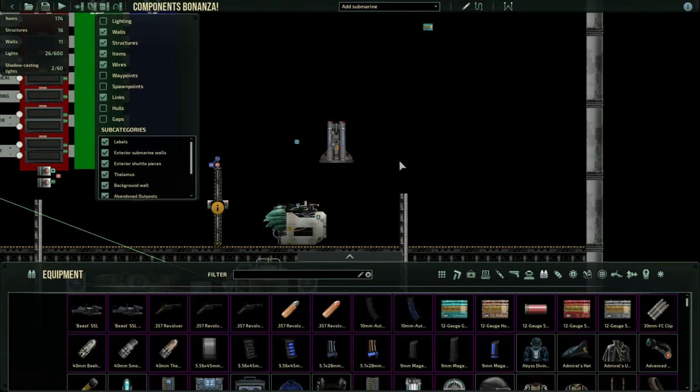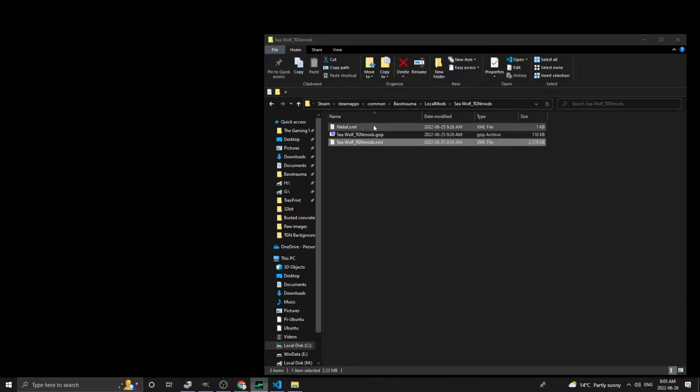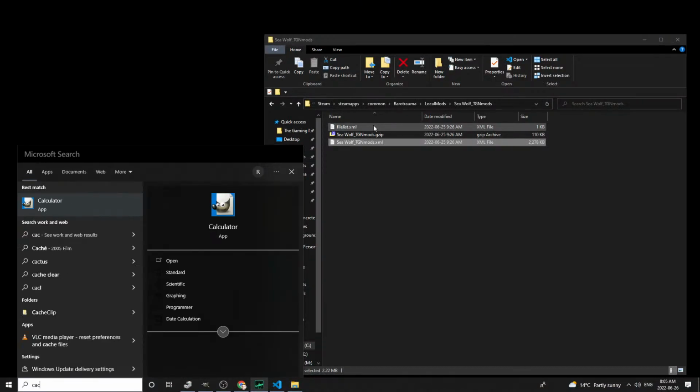In Barotrauma, it's the opposite. You start at 0 at the x-axis and move clockwise for 0 to 360 degrees. So even if we use the arctangent to get this angle, we have to do 360 minus that angle to get the result.